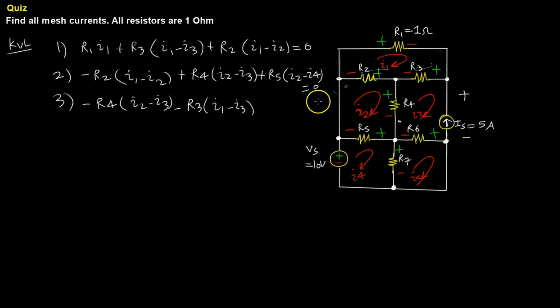So I will say that at the very end. I'm going to say this is a plus Vx, for example. Let's see, I started with I4, go there, and see a plus R6 times I3 minus I5.